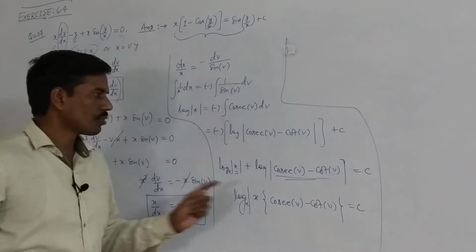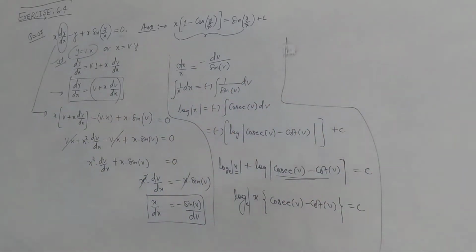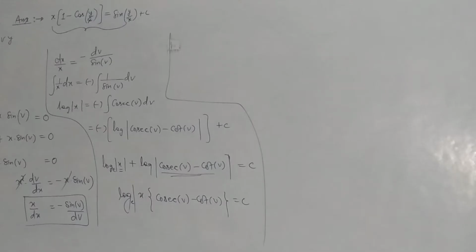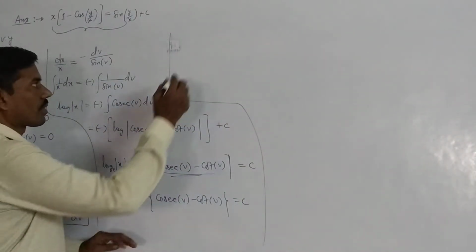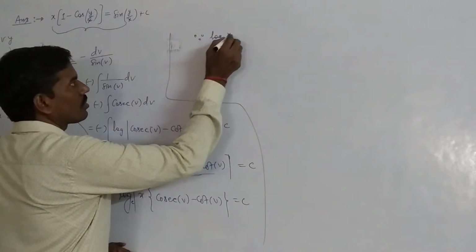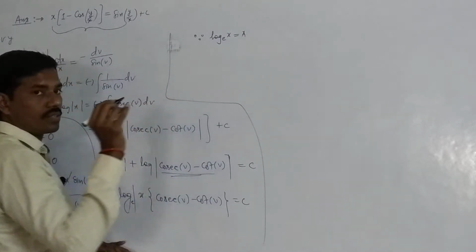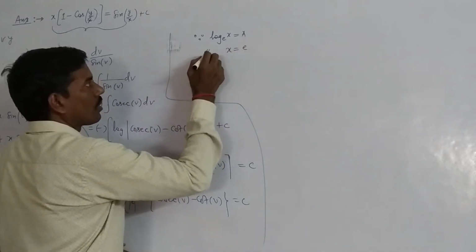Okay, so using the definition of logarithm, that is, if log of x to the base e is equal to a, that is the logarithmic form, then x is equal to e to the power a.